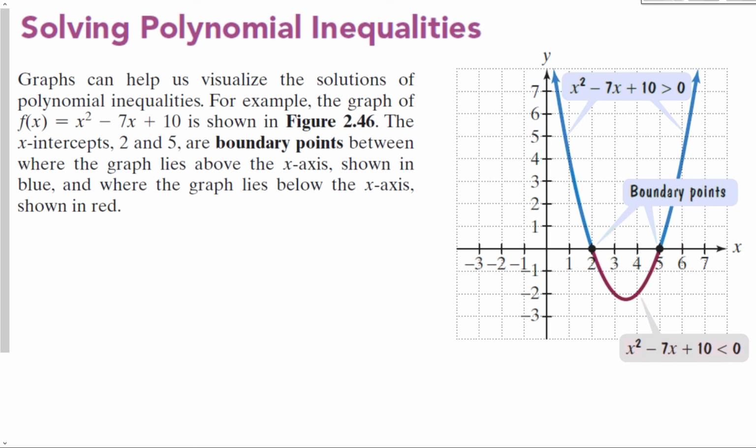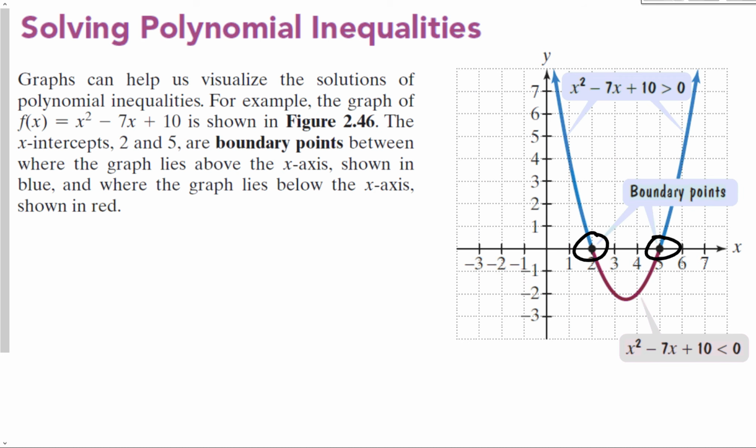So to solve polynomial inequalities, graphs usually can help visualize the solutions. For example, the graph of f of x equals x squared minus 7x plus 10 in the picture. You can see that it has two x-intercepts, 2 and 5.